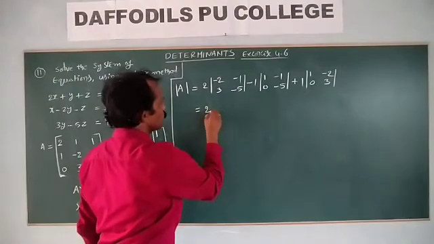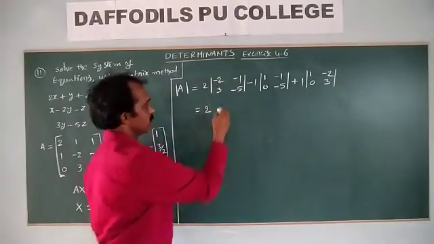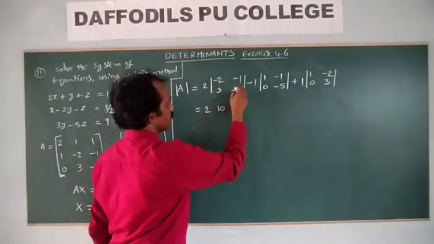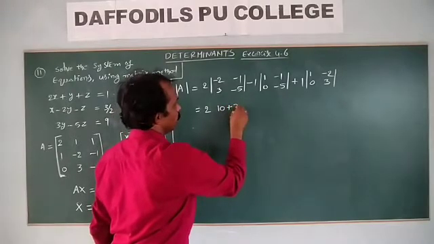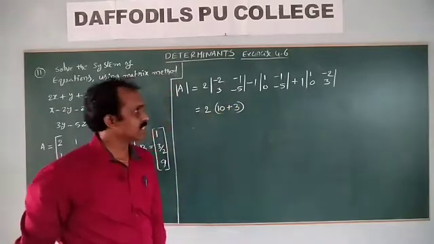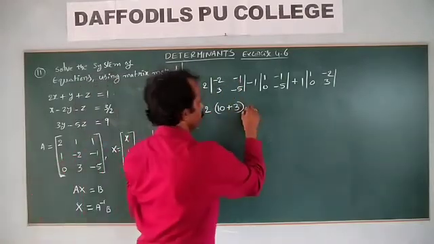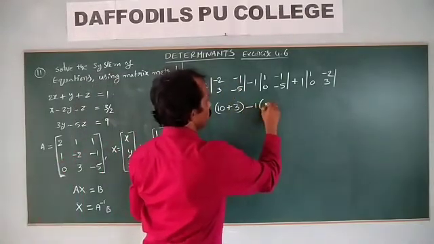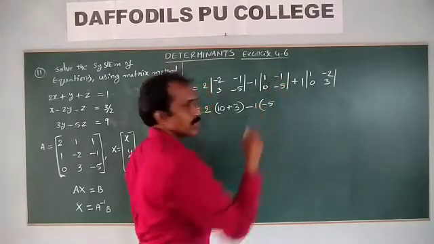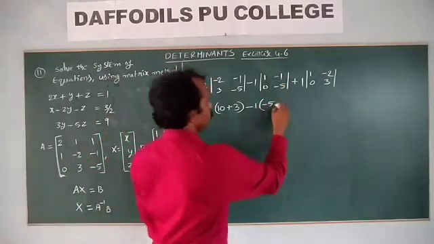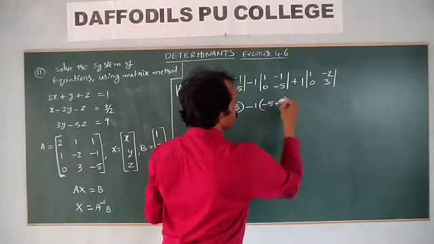This is equal to 2 times (5 plus 3), with 5 twos being 10, plus 3, that is 13. Minus 1 of minus 5, minus into minus, plus 5.